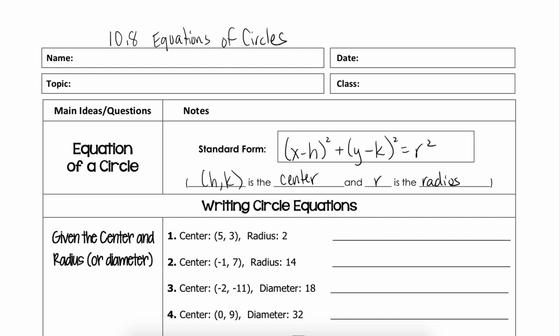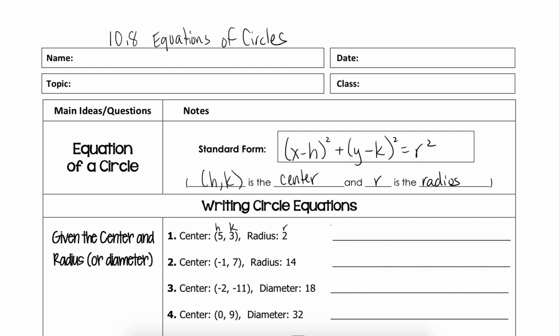We've got our center at (5, 3), and our radius is 2. So that 5 is the h, and the 3 is the k. Now I'm just plugging in, and of course this radius is r. So I'm plugging those into my equation.